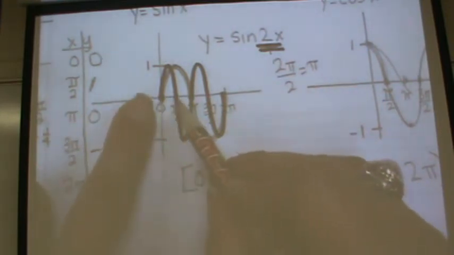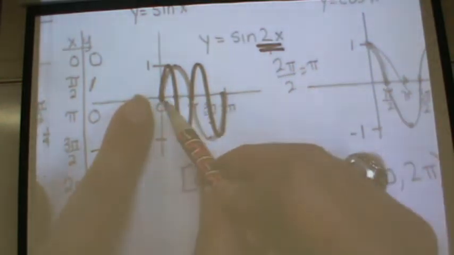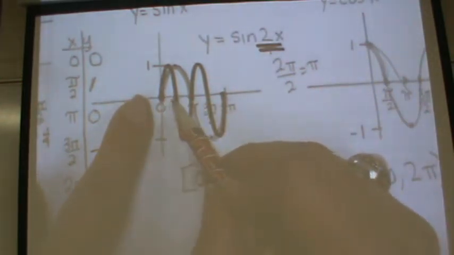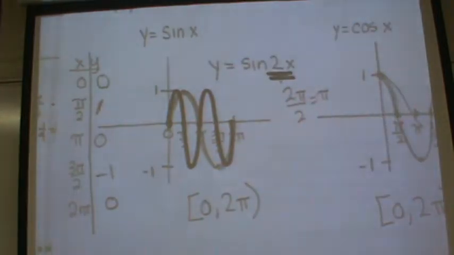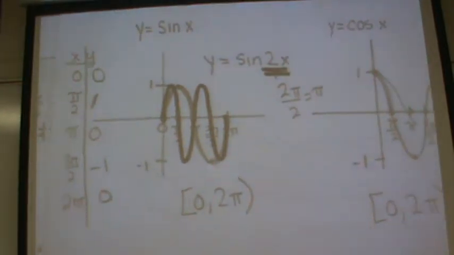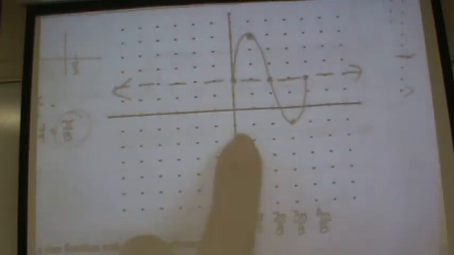If you were to label your x-axis and cut this into 4 parts from here to here, it would be nice because you could actually see that the graph was horizontally compressed, but we wouldn't be able to read it. It'd be too hard to read. So that's why we do this.